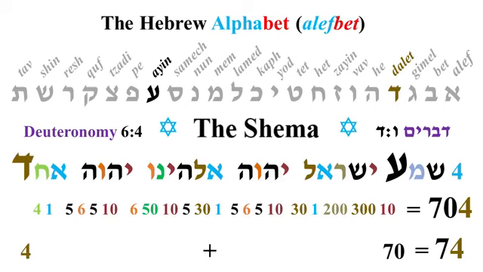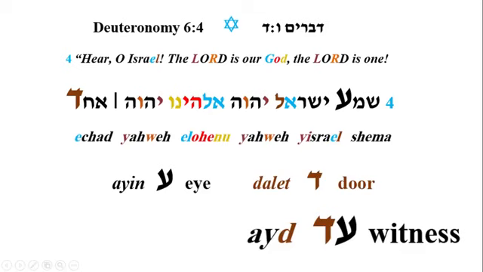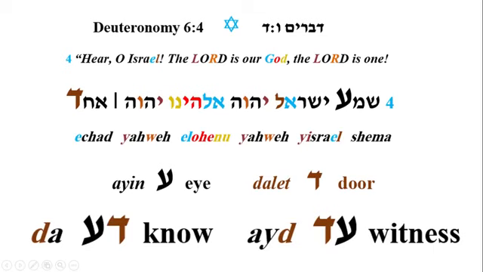Very clever. And those two letters together, ayin and dalet, spell ed, which is the word witness in Hebrew. If you spell them backwards, dalet, ayin, it spells the word da, as in know, to know something, right? So he wants you to witness this verse, and he wants you to know this verse, okay?